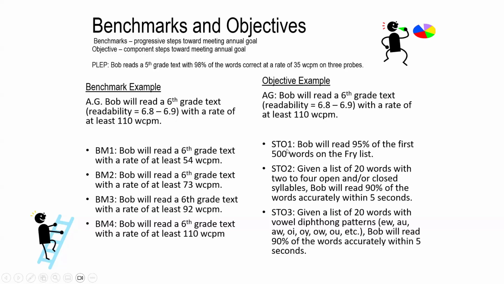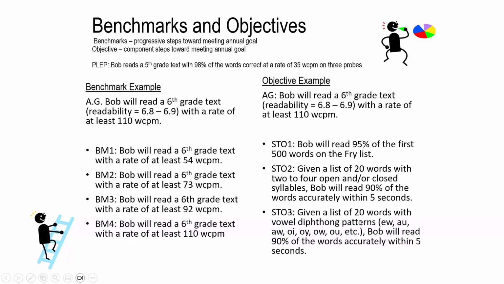So that would be one of our short-term objectives, getting him to master those high frequency words. Another short-term objective would be like, he better be able to know how to decode multisyllable words, specifically 2 to 4 open and or closed syllables. He should be able to read those with 90% accuracy within 5 seconds.